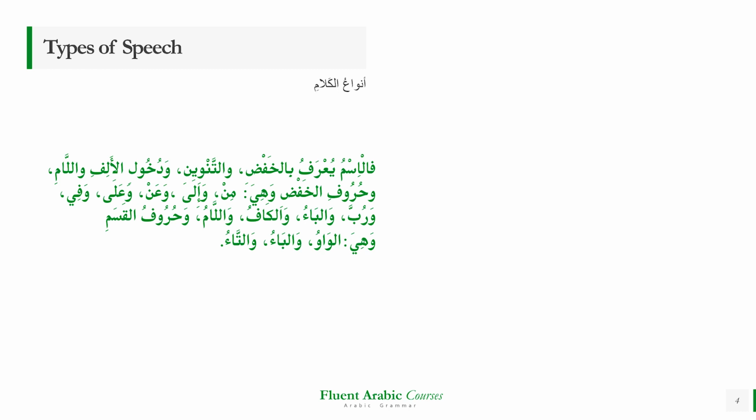It will never be yadhabi with a kasra. So if you see that the word is taking the state of khafd, you know automatically that it is an ism. Raja'tu ila al-bayti. So bayti here is in the state of khafd and it takes the kasra. So you know that bayt is a noun.